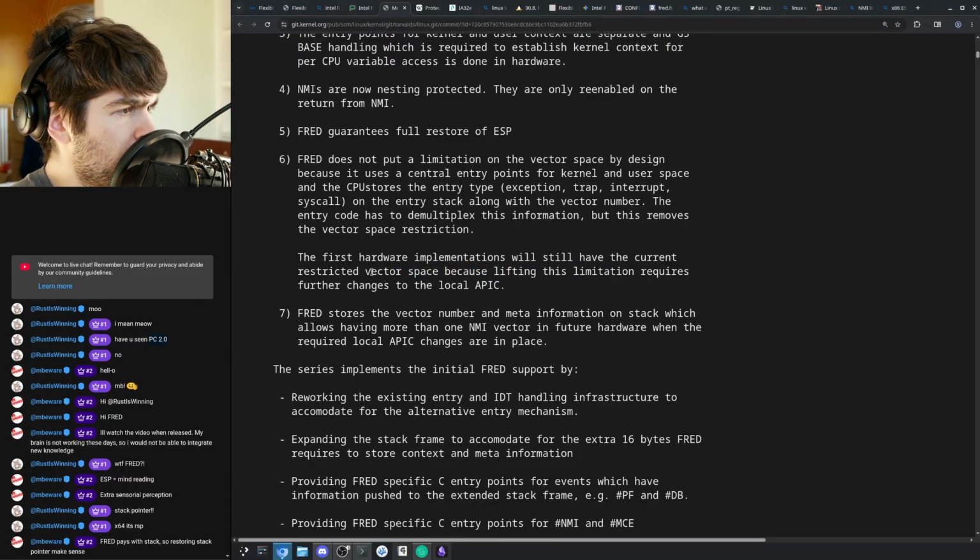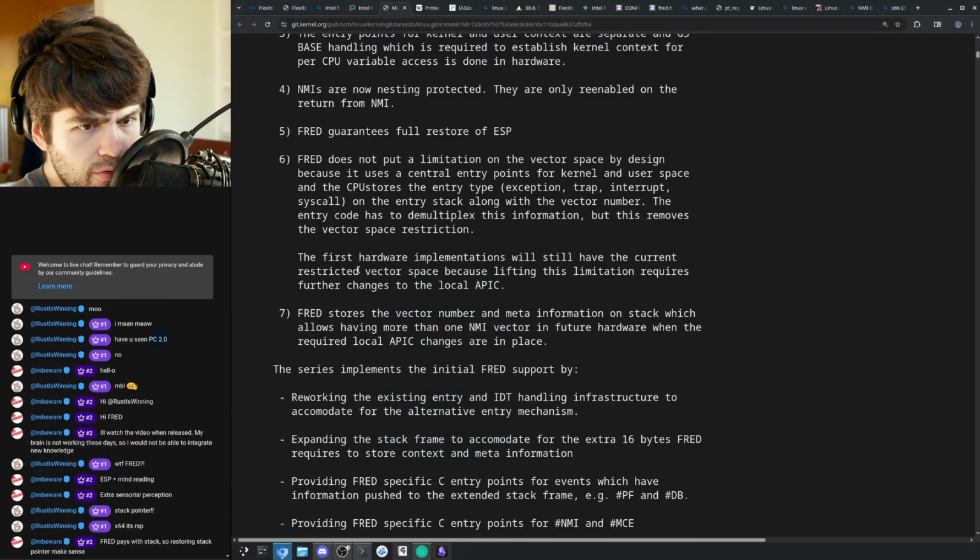The first hardware implementation will have the current restricted vector space, because lifting this limitation requires further changes to the local APIC. Okay, FRED works with the stack, so restoring the stack pointer makes sense. Yes.